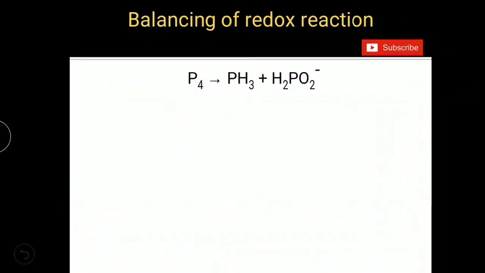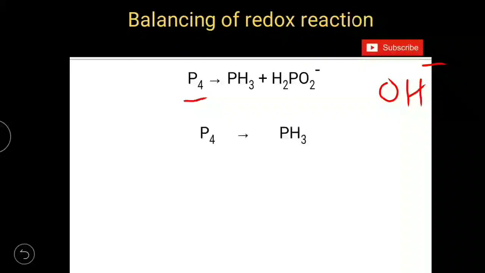Next, come to another equation which takes place in basic medium. To balance this reaction, once again I am taking conversion of P4 into PH3 first. Oxidation state of phosphorus in P4 is 0 and oxidation state of phosphorus in PH3 is -3.